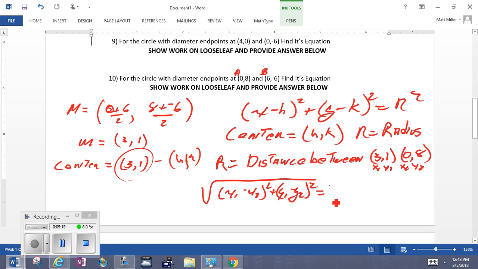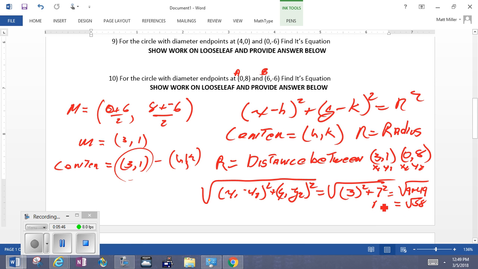When I put those values in, I get 3 minus 0, so that's 3 squared, plus 8 minus 1, which is 7 squared, okay? And so that's equal to the square root of 9 plus 49, which, lo and behold, is the square root of 58.